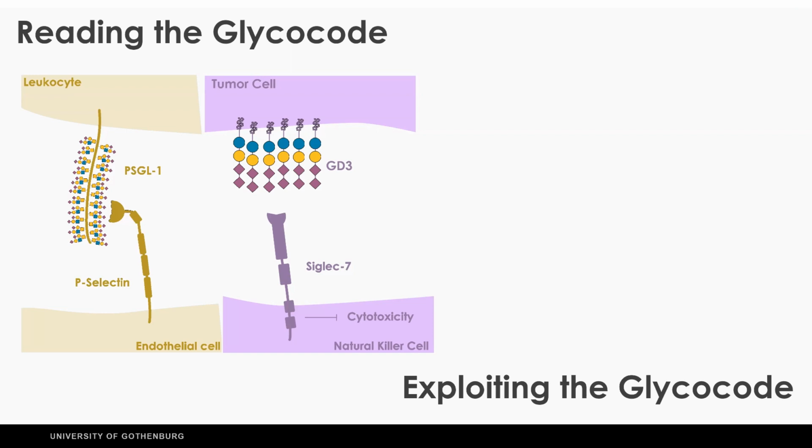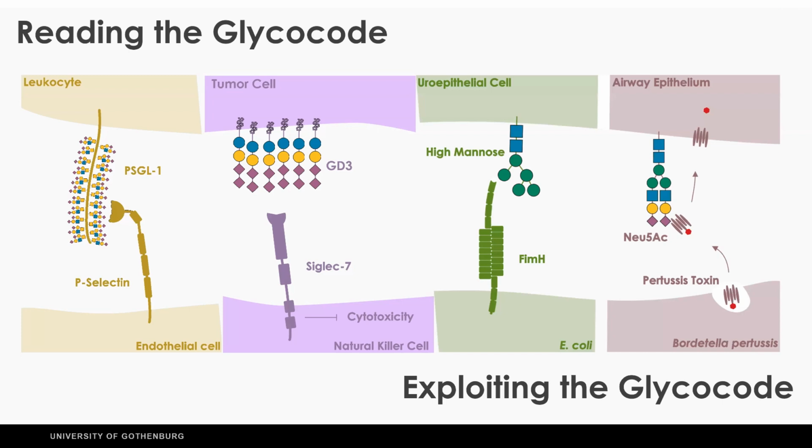So here, for instance, in the immune system and in cancer, where you have interactions between lectins and complex carbohydrates in a sequence-specific manner, where you have basically the readers of the glycocode, if you wish, but you also have the exploitation of the glycocode, where you have lectins that are derived from pathogens, or at least some kind of microbial life form, that use our glycans as receptors for their lectins, and use that to either adhere to or invade our cells, basically. Again, all of that happens in a somewhat sequence-specific manner, depending on the lectin, how specific that is.